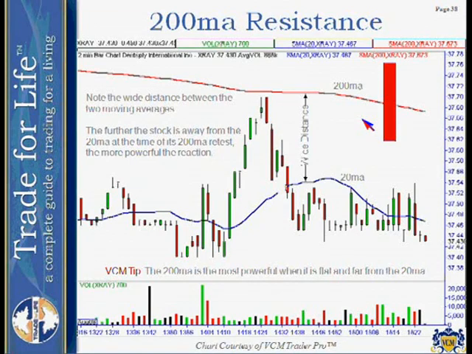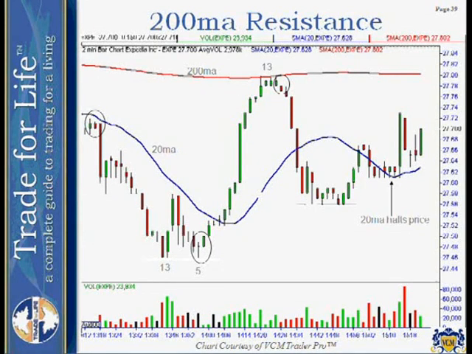Okay, now, here. Two things again tell me this stock at 27.80 should decline. Number one, it is extended far above the 20. At the same time, it's bumping its head up against a flat 200. Since these green bars here are tiny, I need a 100% event to happen.